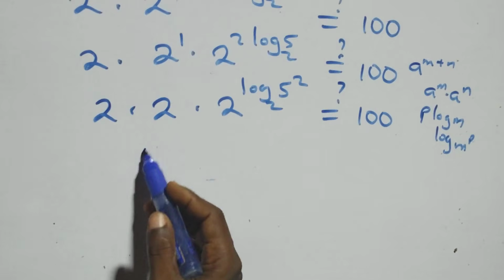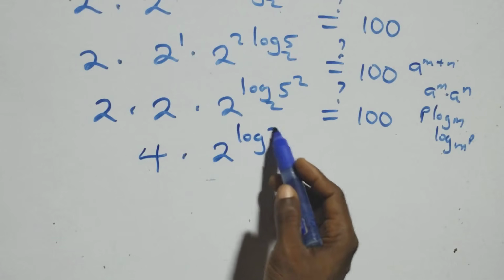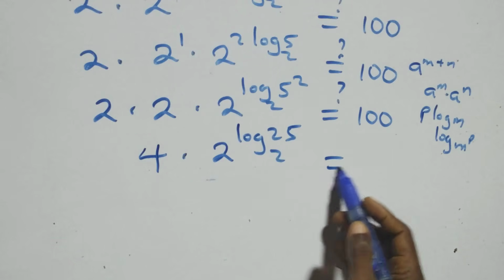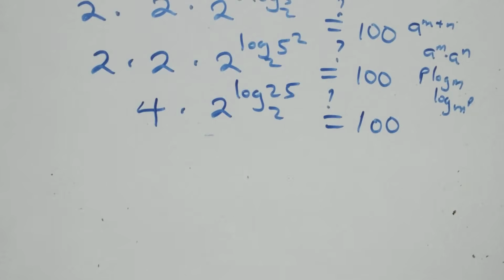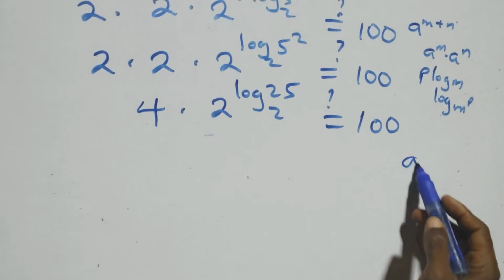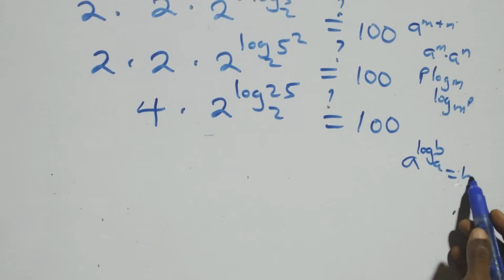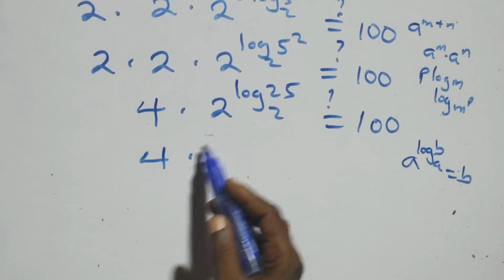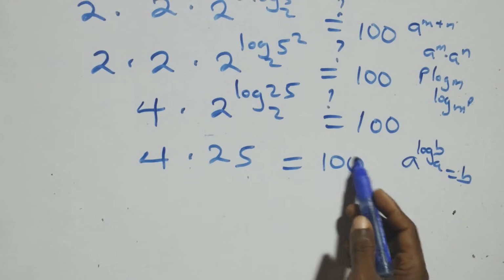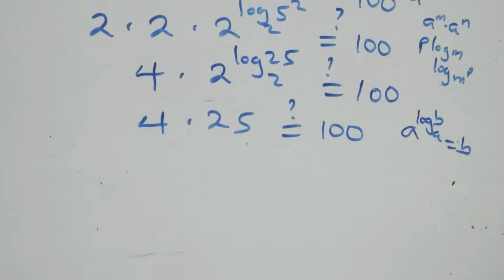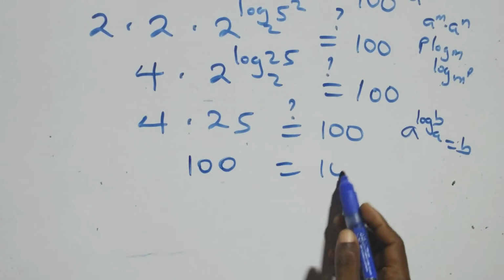And 2 times 2 here, that's 4, times 2 raised to power log 25 base 2 equals 100. This follows the law of logarithm: a raised to power log b to base a equals b. Here we have 4 times 25 equals 100. Of course, 4 times 25 gives us 100, which equals 100 from here.